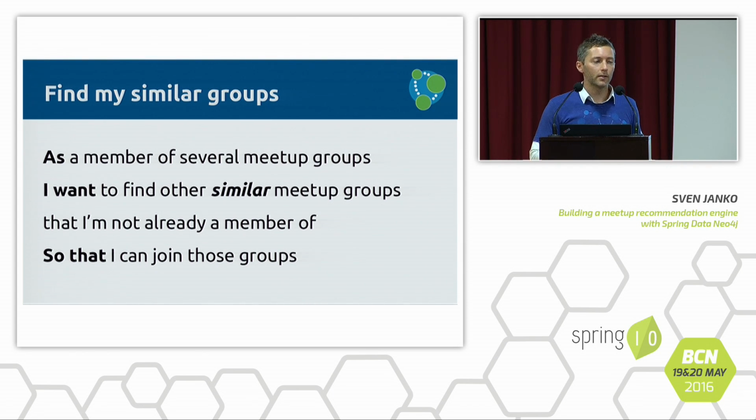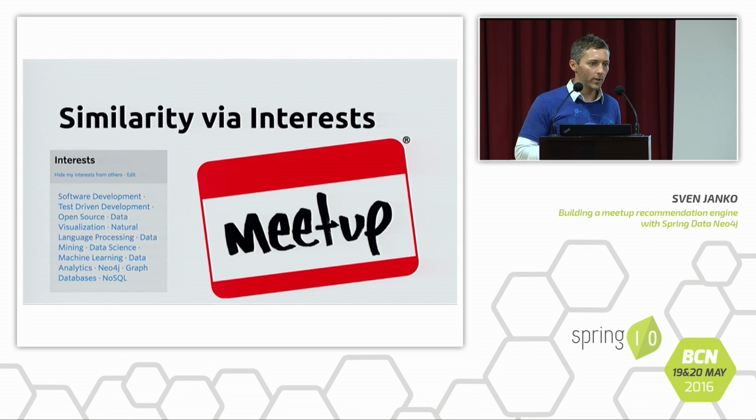So the next still simple use case is, as a member of several meetup groups, I want to find other similar meetup groups that I'm not already a member of, so that I can join them. So the difference here is we are now looking at groups that we are not yet a member of. So again, we need to define what is similarity in our case, and in that case, we are using the interests.